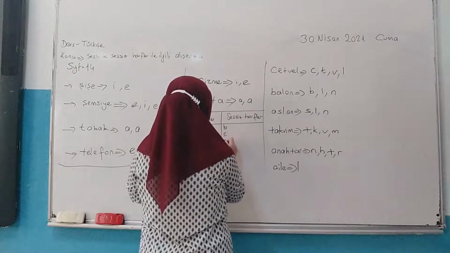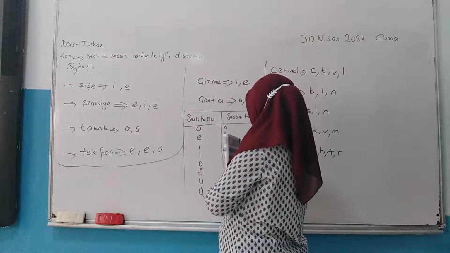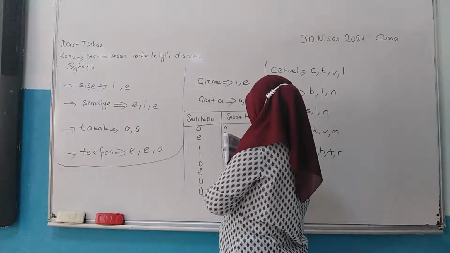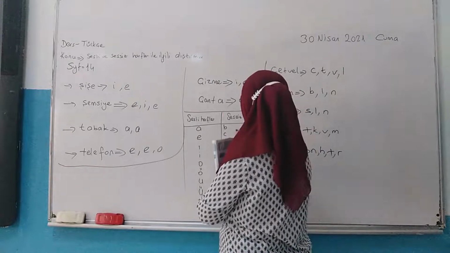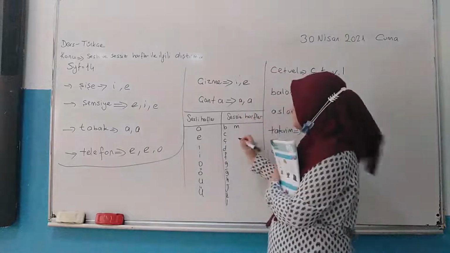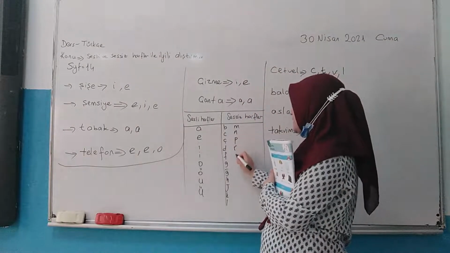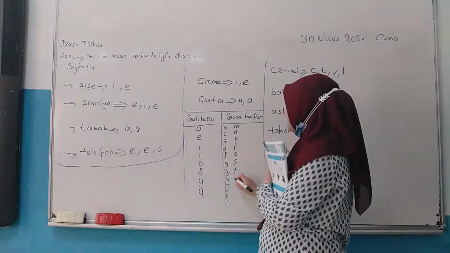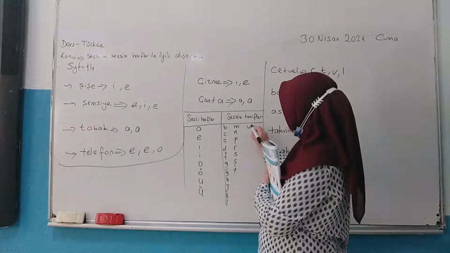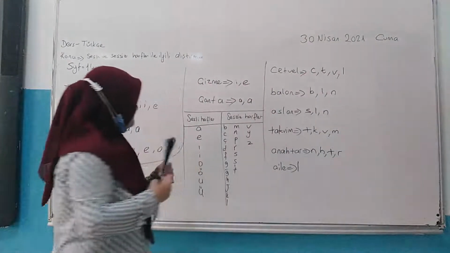B, C, Ç, D, F, G, yumuşak G, H, J, K, L, M, N, P, R, S, Ş, T, V, Y, Z. Okay?